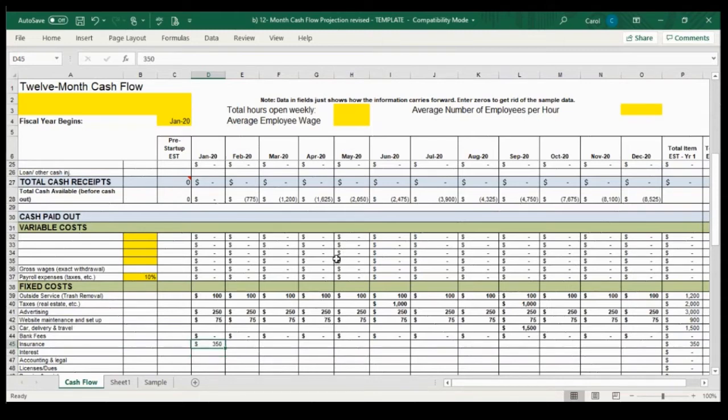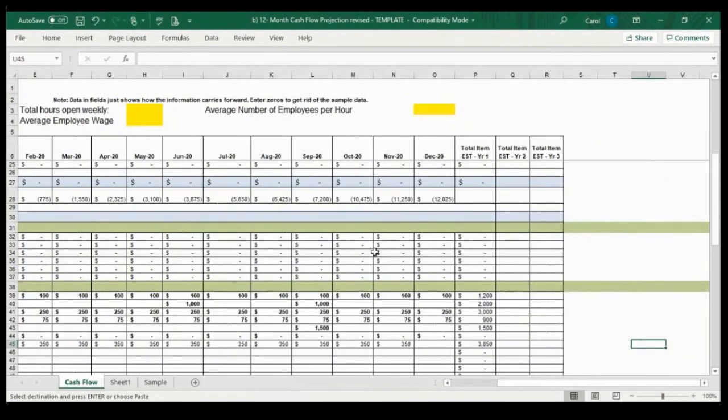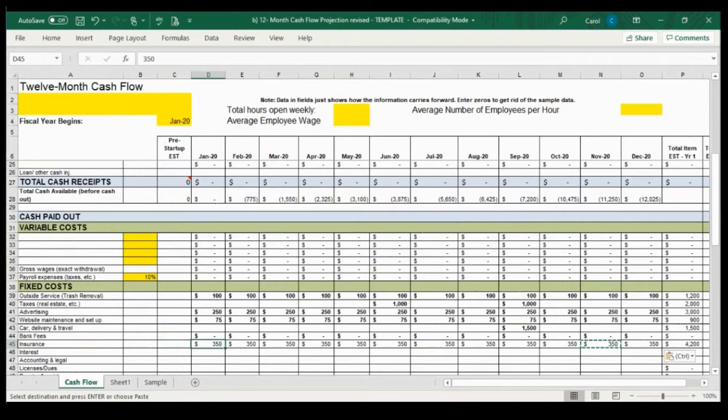So let's say that you have $350 a month payments. So that's sort of a moderate type of risk in the business that you're in. So you're going to pay about $4,200 for insurance.